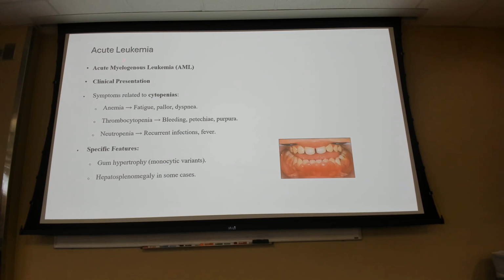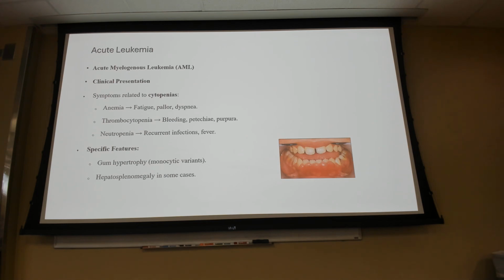Kind of what we talked about: symptoms include the cytopenias. Anemia, we know what that looks like. Thrombocytopenia, we know what that looks like: bleeding, purpura. And neutropenia. Everything gets crowded out, and they're not producing mature cells. If the white count is high, could they still be neutropenic?